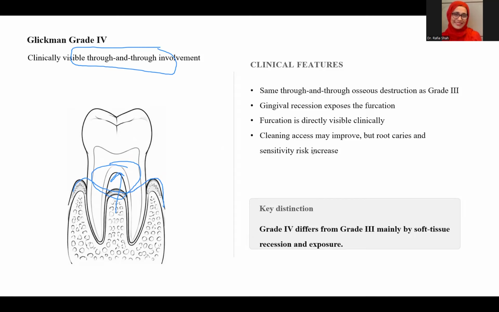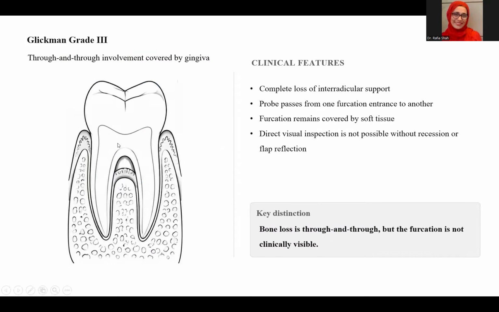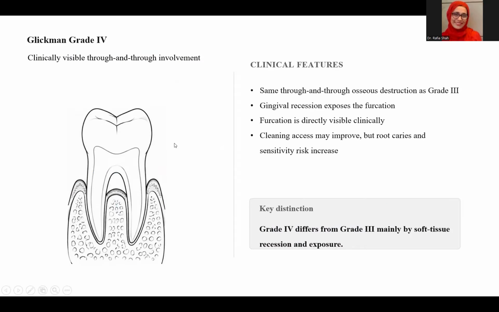So the main key difference between grade 3 and grade 4 is soft tissue. Soft tissue recession is present in grade 4, whereas it is not present in grade 3. But if we look at interradicular bone loss, both have similar bone loss, that is, complete loss of interradicular bone. That's why we call it through and through.